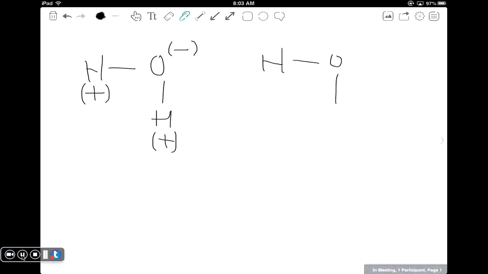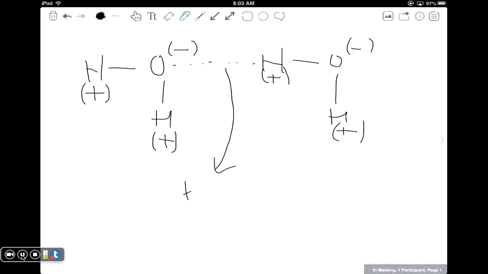So what's going to happen when you have water molecules adjacent to each other? As you can imagine, and again I'll put these slight charges here as well, the oxygen in one water molecule will be attracted to hydrogens of an adjacent water molecule. Right?